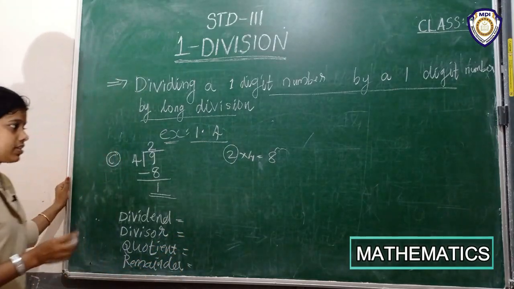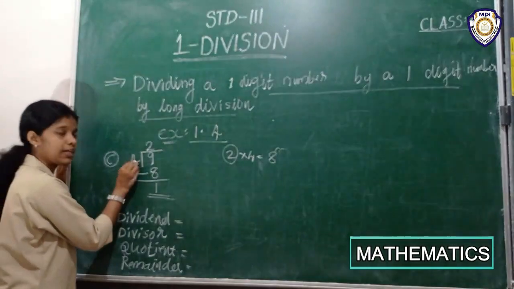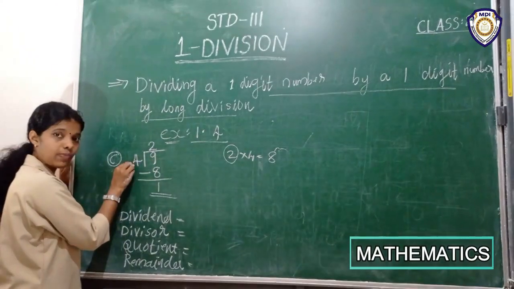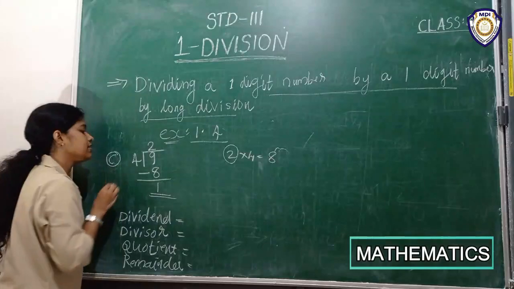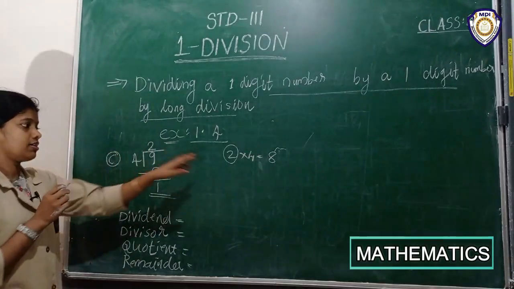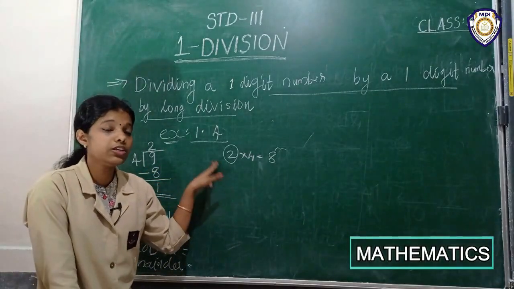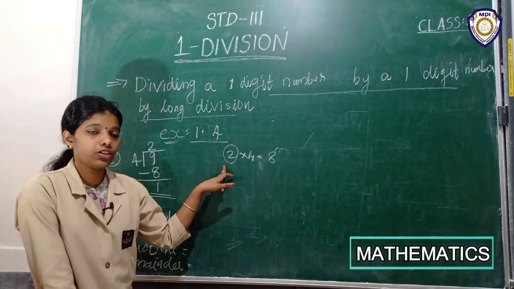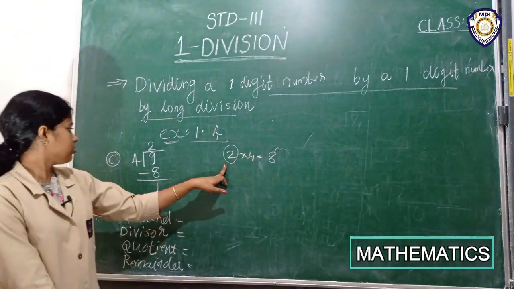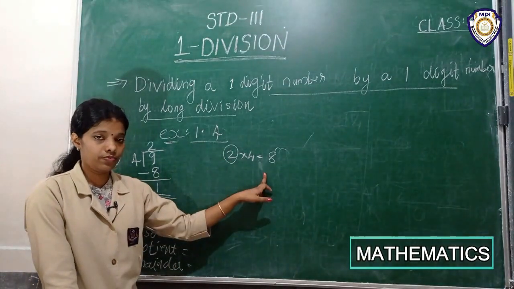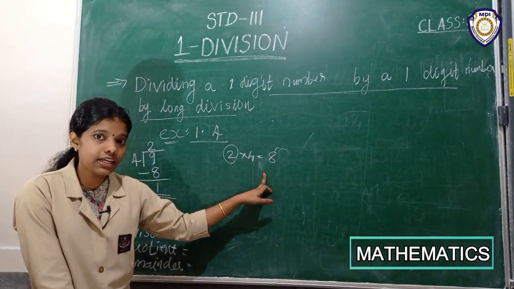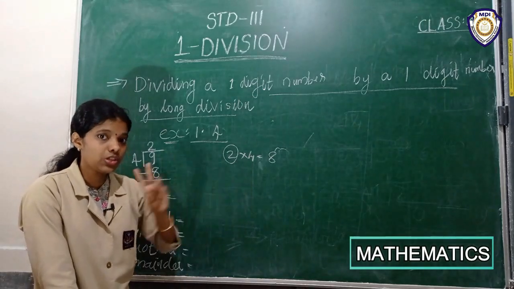I will explain one more time. 9 divided by 4. How many times does 4 go into 9? In the table of 4, 1 four is 4, 2 fours are 8. Only 2 times.